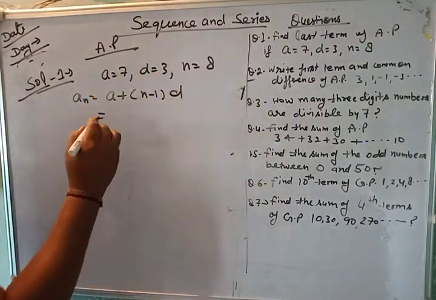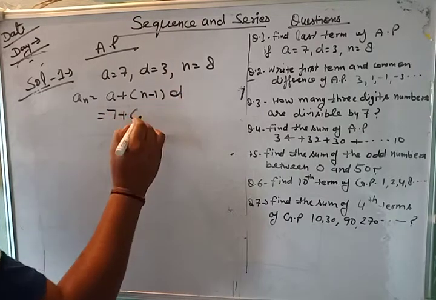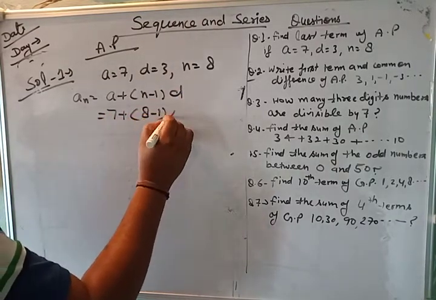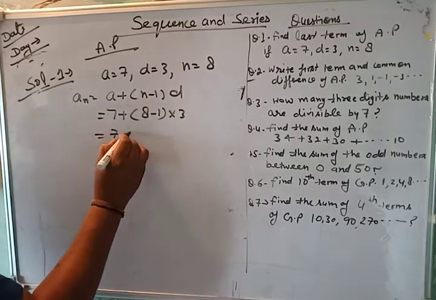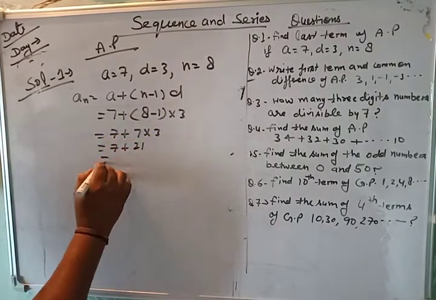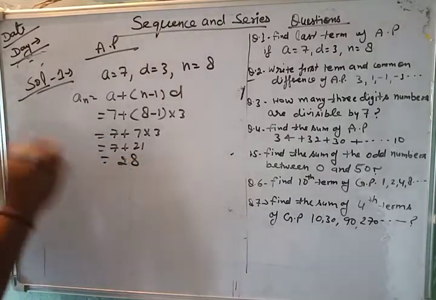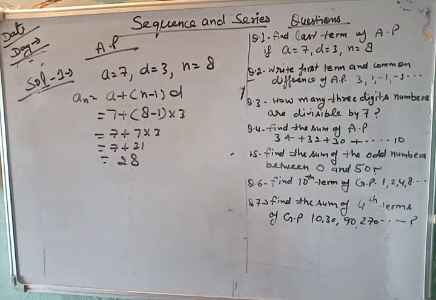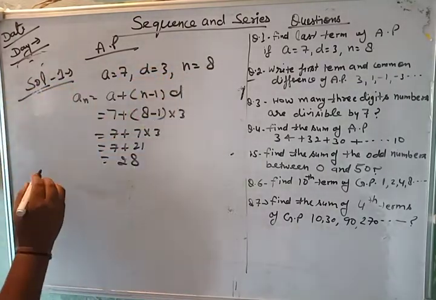Put the values: 7 plus 8 minus 1 into 3. So 7 plus 7 multiply 3, so 7 plus 21 equal to 28. It means the last term of this series is 28.